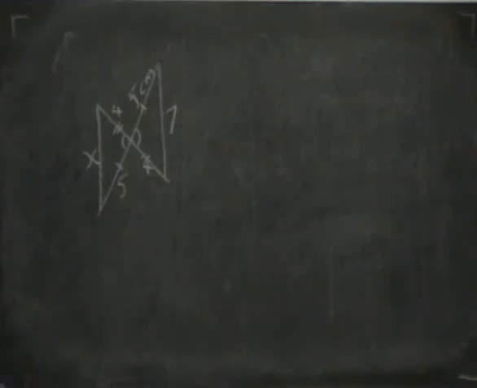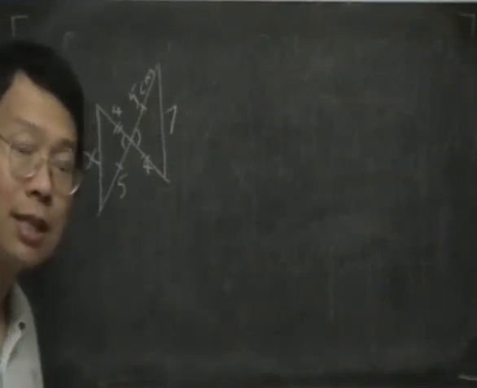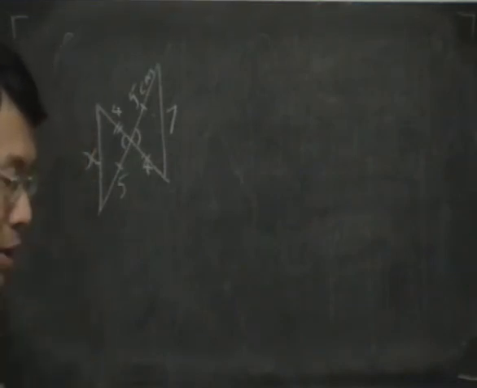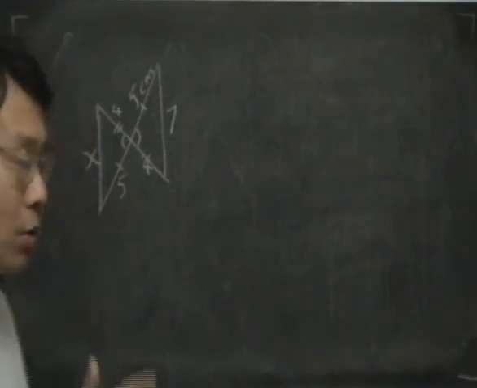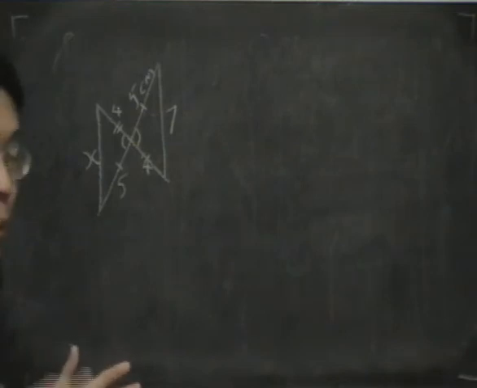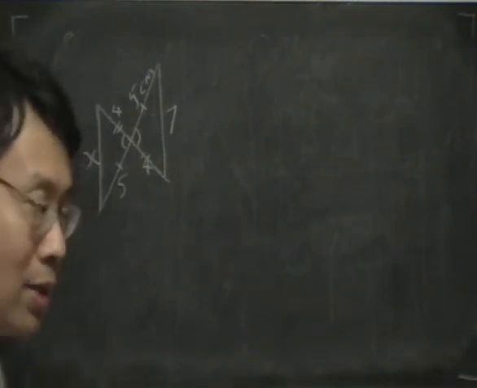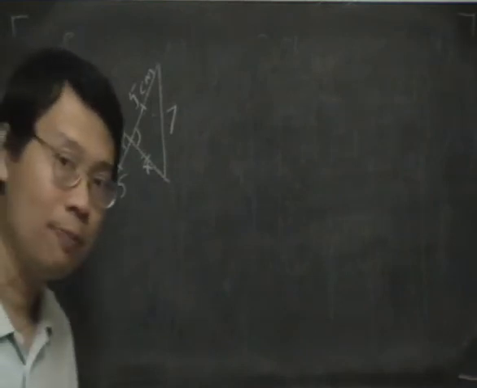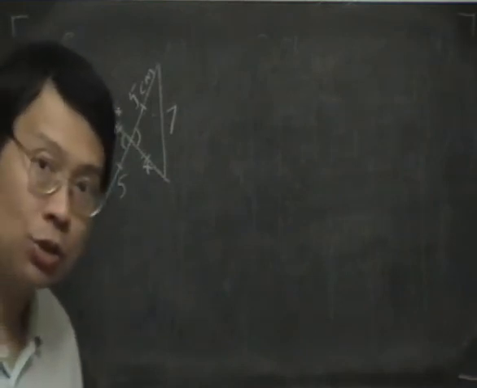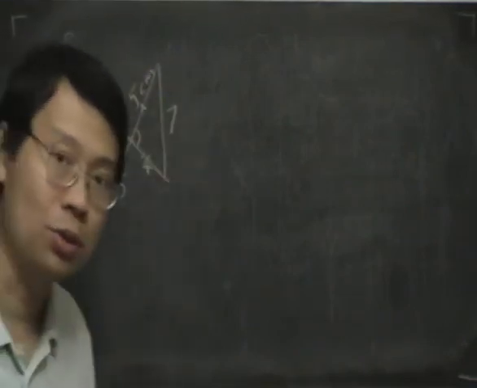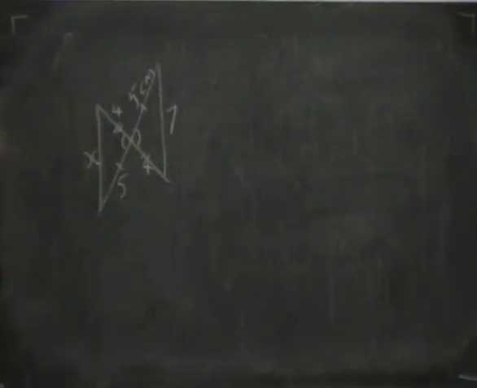If you remember, those are the vertically opposite angles, so those angles are equal. Now therefore, the information we have here is two sides and one angle. If you remember, this is one of the conditions that the triangles are congruent. So therefore, those two triangles are congruent, right?